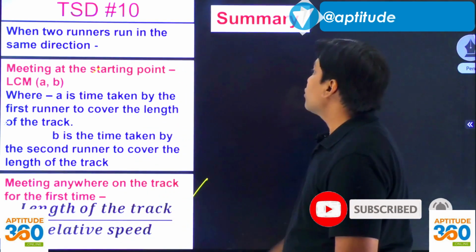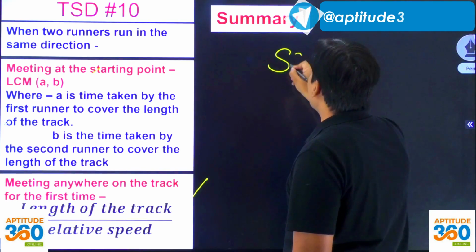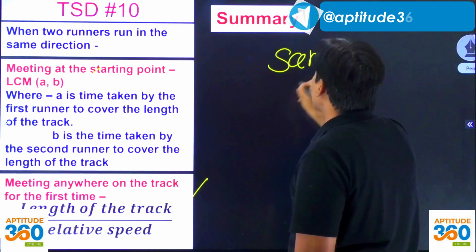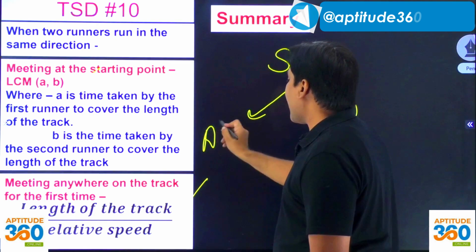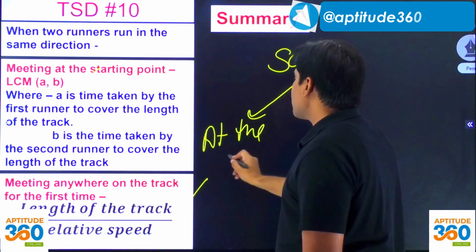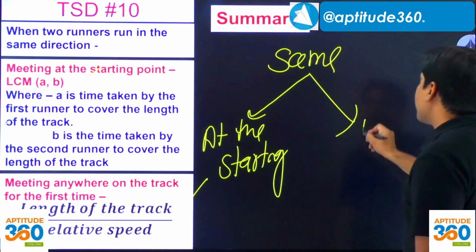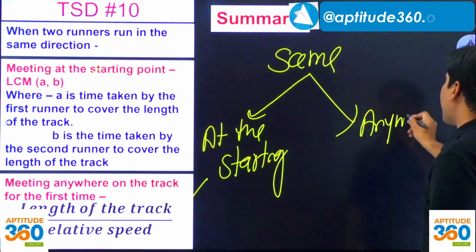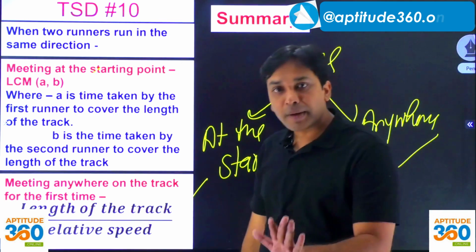You will be having your answer. Problem is simplified. So when they are running in the same direction and when they are meeting for the first time at the starting point, ये आपका कंफ्यूजन दूर हो गया. And when they are meeting anywhere on the track, ये confusion आपका दूर हो गया. Does this make sense to you?